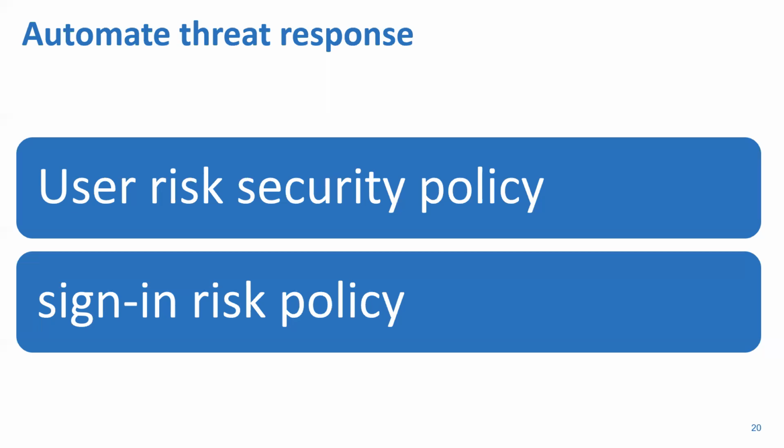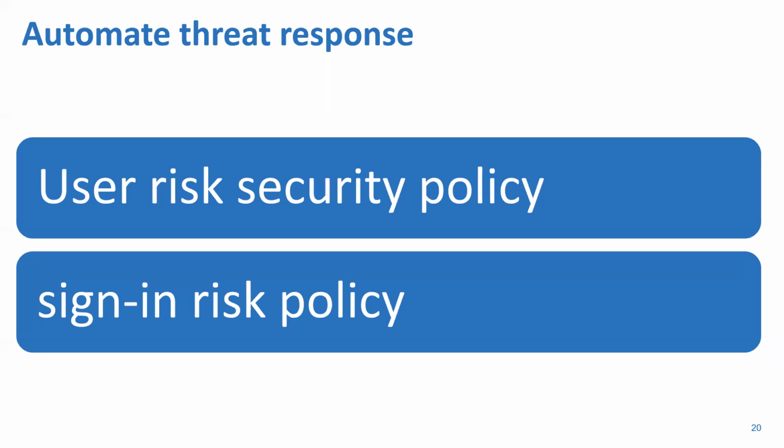So these are some of the events which Azure AD is able to track and flag the user as a user risk or his sign-in as a sign-in risk. And based on a user risk or a sign-in risk, you can attach conditional access.